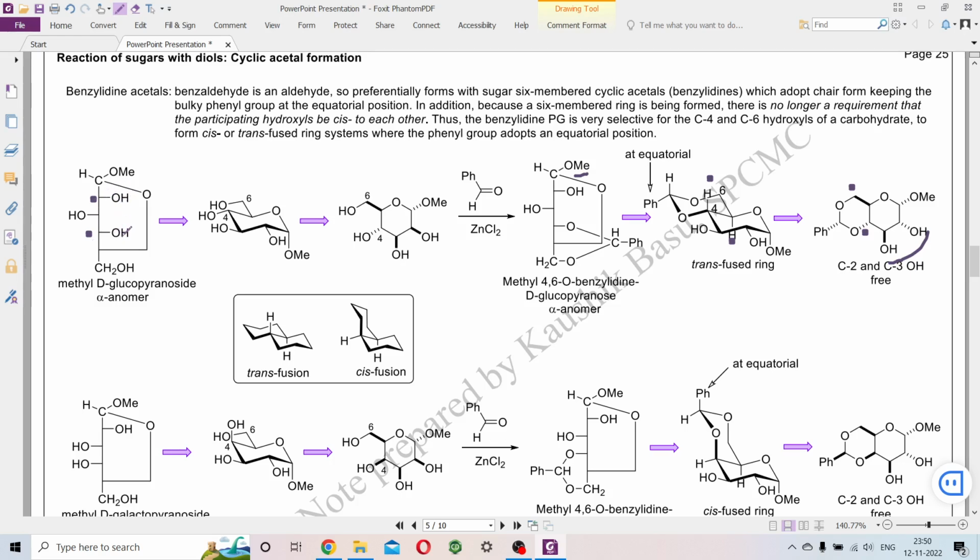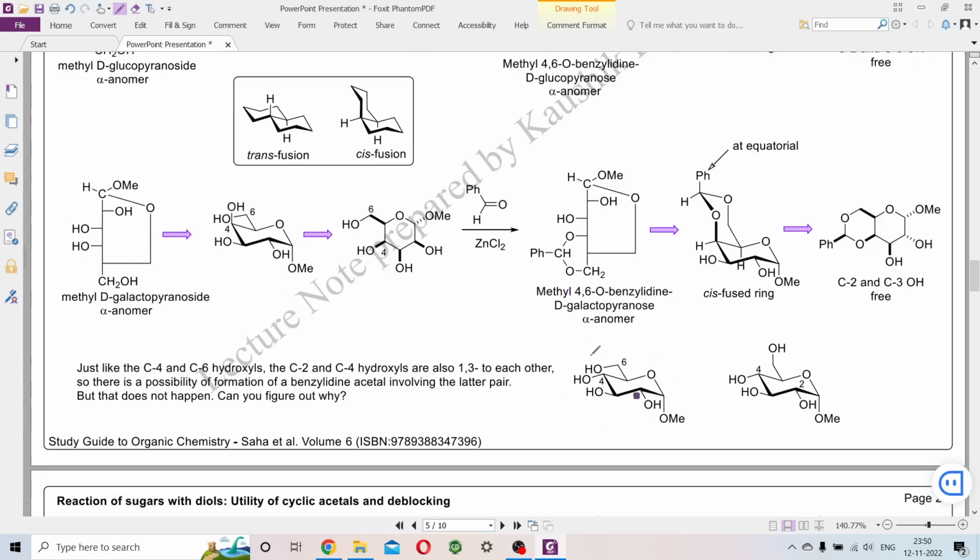So they are 1,3. They are cis. So they look very promising. But if you inspect this figure, then it is almost impossible to form any sort of linkages between those two. That ring will have to be really very large, and you cannot possibly bridge these two by using the single carbonyl carbon of a benzaldehyde. Unlike that, you can form these two here.